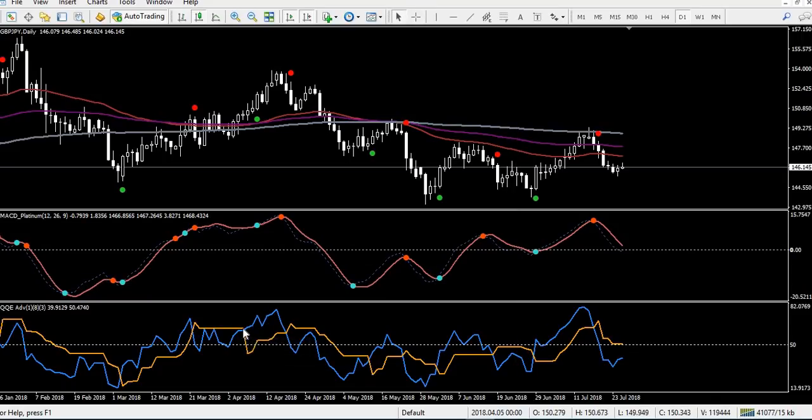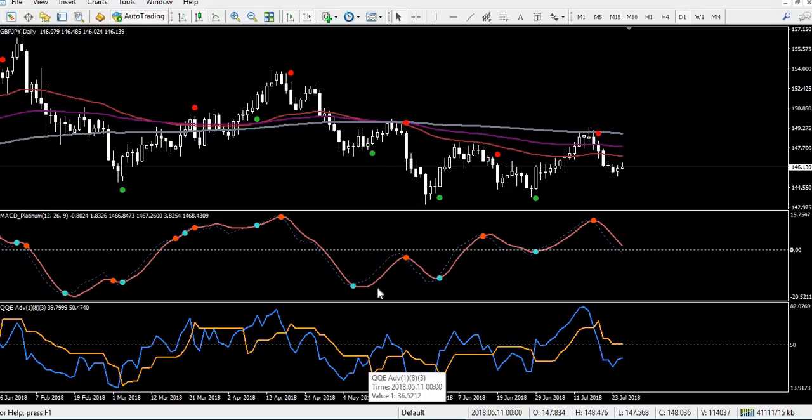Sometimes the QQE will give the cross first. More than likely, if it's not on the same candle, the MACD Platinum will go first, followed by the QQE Advanced. Doesn't matter. When you take the signal, it could be 10 candles, which would be unusual. It's still a valid signal. So don't be too caught up in when they happen.